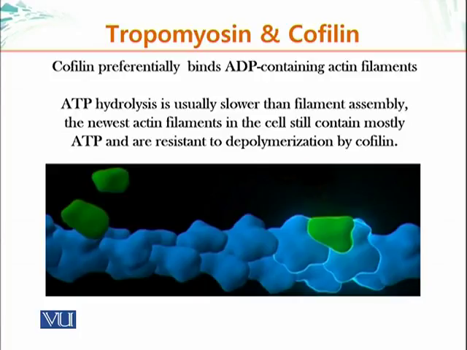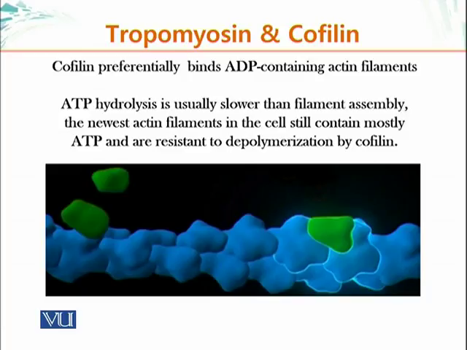This is ADP actin. As we know, these monomer subunits assemble into filament. The ATP is hydrolyzed to ADP. I will show you an animation later on. The blue is basically the ADP version of actin monomers, and the green is the cofilin. It attaches to actin filaments containing ADP, and it causes them to disassemble.